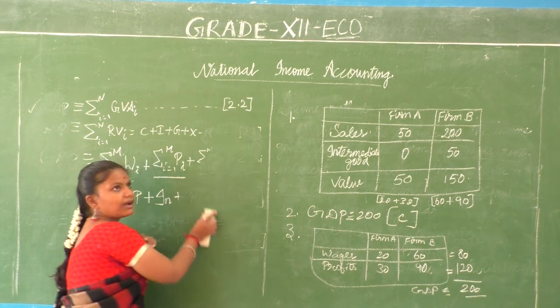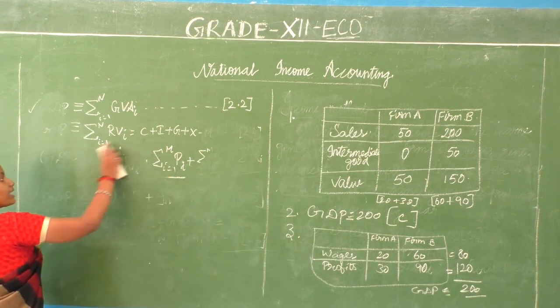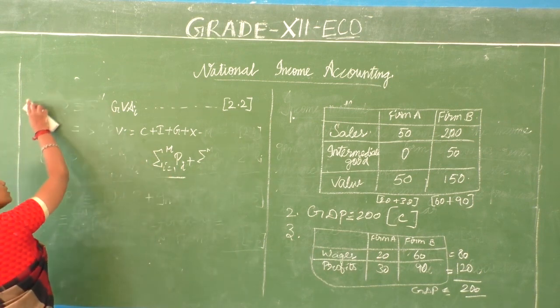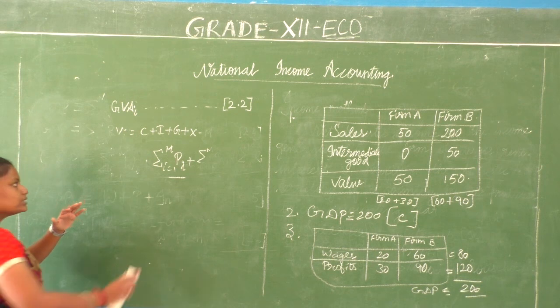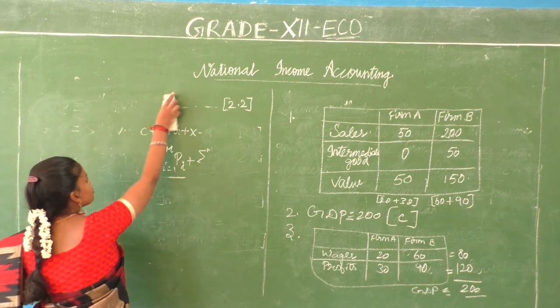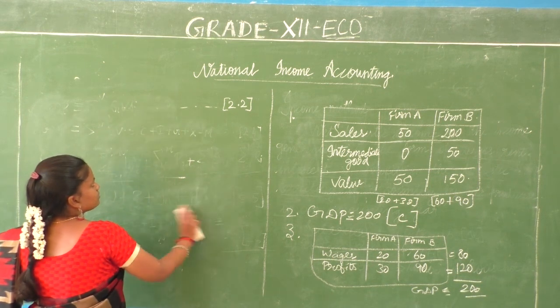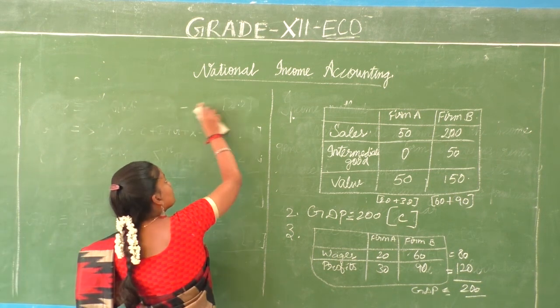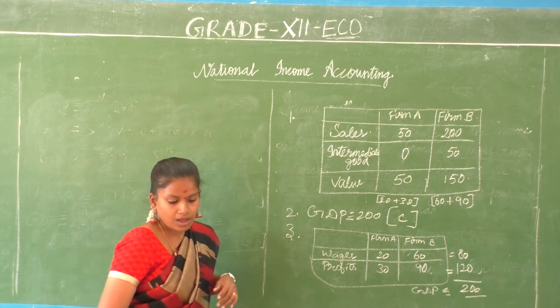First, you have to find out which enterprises the economy involves in the production of goods and services. What do you have to do?